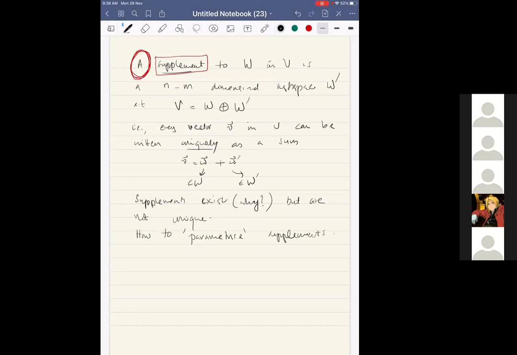So here is an example. Take V to be R2 and W to be the x-axis. Okay, I should be careful. I should not draw the XY plane. I should just draw, here is 0, the 0 of the plane.